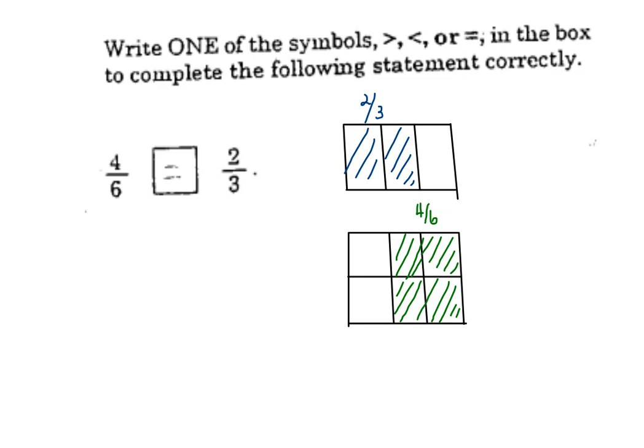So it's not to say that 2/3 is larger than 4/6, but to prove that 2/3 is not smaller than 4/6, or 4/6 is not larger than the 2/3, what we have to do is bring them to equal. You want to bring them to equal fractions, equivalent fractions, right? So we're going to show that it's equal by doing this.